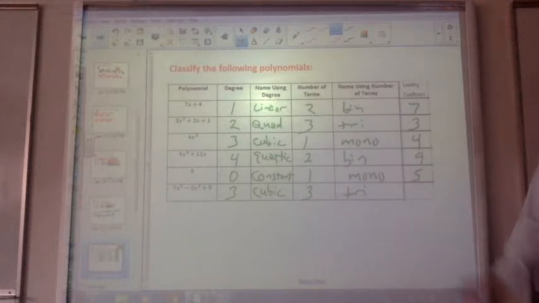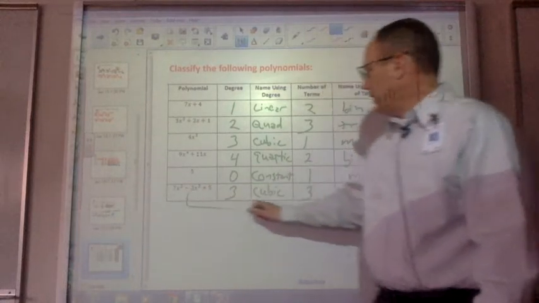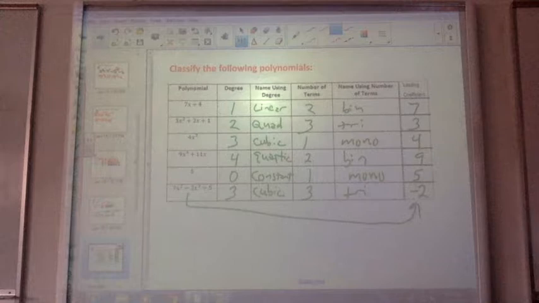Careful. Negative 2. See that? You got to make sure you bring that in, okay? So the leading coefficient is the number that the highest exponent is related to? Yes. You look for the highest exponent, and whatever is next to the x, that would be it, and it could be negative as well, as we just saw in that last one.